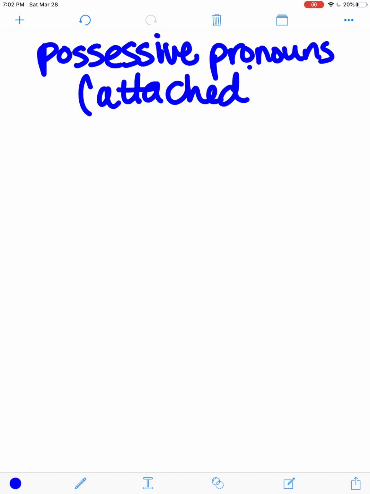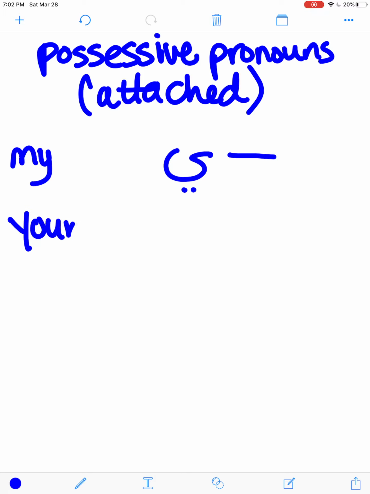So just to put some easy notes here, if you want to look at possessive pronouns, these are attached, they attach to the word. You can write for yourself, my, we attach a ya to the end of the word. If something is yours, we attach a kaf with a fatha.